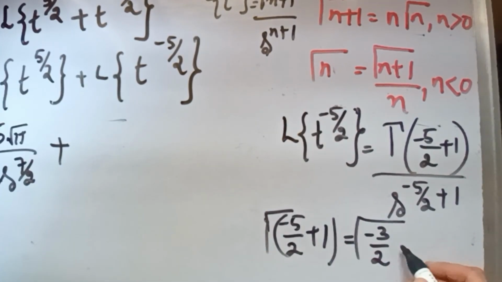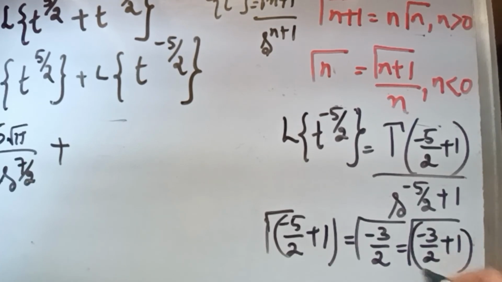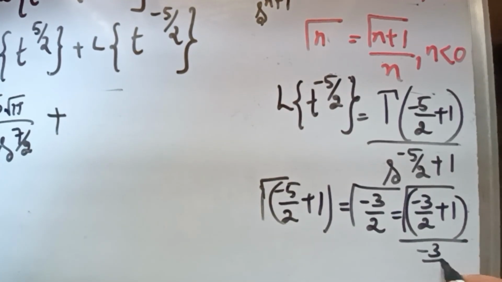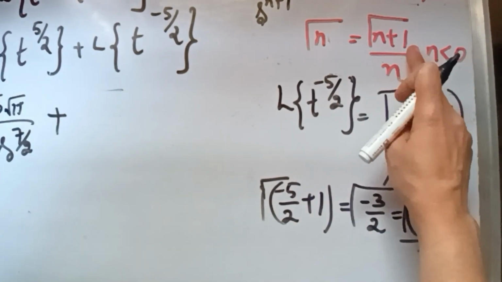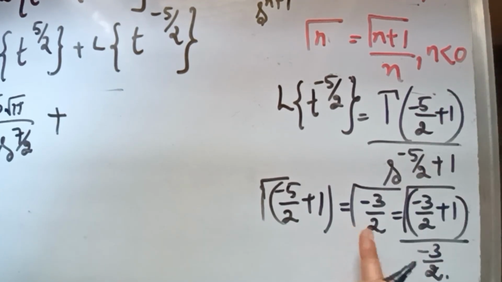Gamma n is equal to gamma of minus 3 by 2 plus 1 divided by minus 3 by 2. As per this property, gamma of n equals gamma of n plus 1 by n when n is less than 0. It is less than 0 now, n is negative.